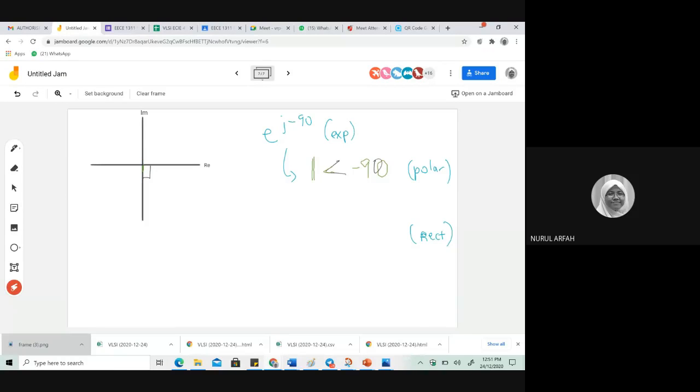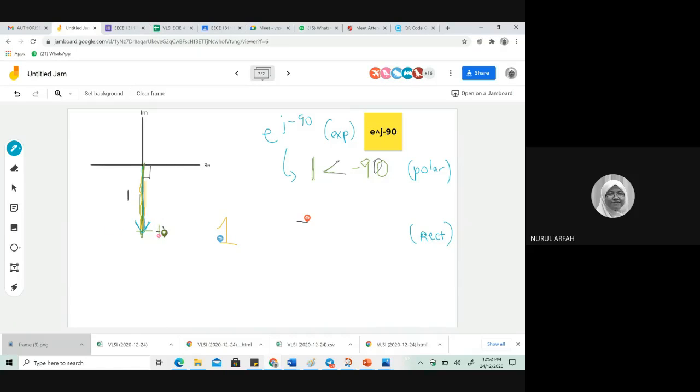Anyone volunteer to draw this? Okay, thank you. 90 degree. Okay, what about the amplitude? What do you think the amplitude of this is? You can draw like this. What is the amplitude? 1. Yeah, very good. 1.